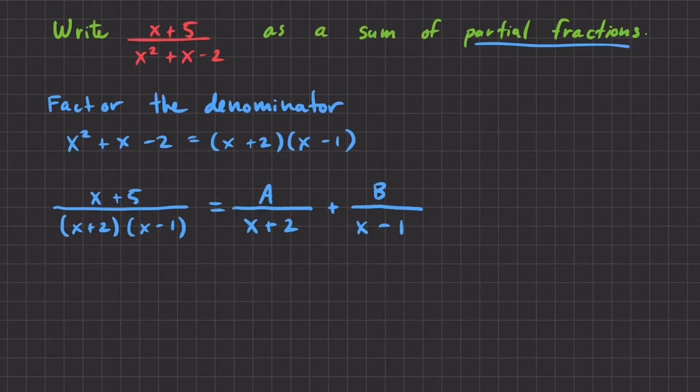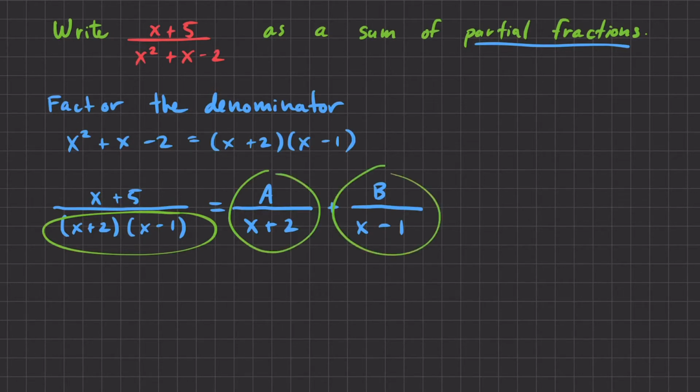So in other words, I'm going to multiply both sides of the equation by this. So effectively that will eliminate the denominator on the left-hand side, and I'll multiply x plus 2 times x minus 1 to both of these terms, okay? So what I'll get is something that looks like this.